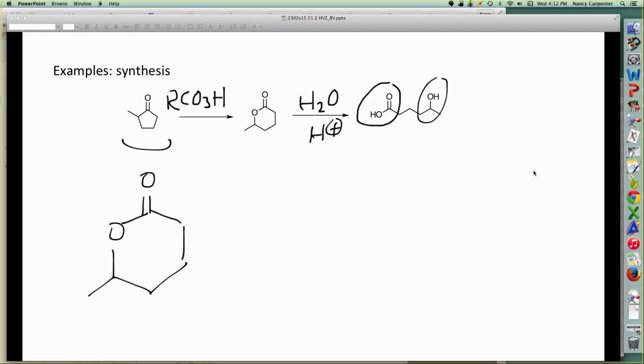So we could get that. We could get insertion of the oxygen on this side or on this side. And those are two wildly different products. So it is in fact the more substituted carbon that is more likely to migrate in that 1-2 shift.